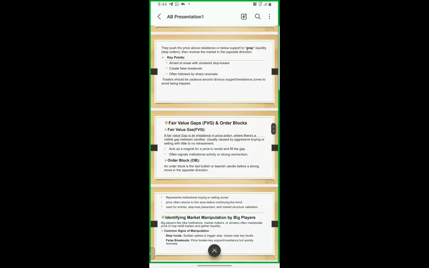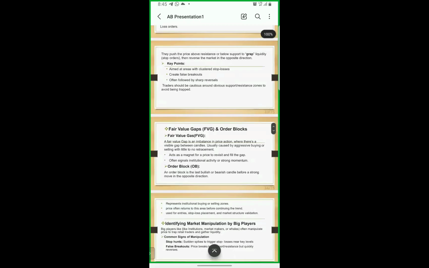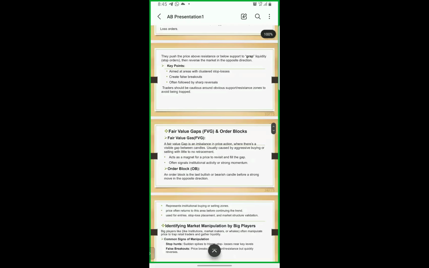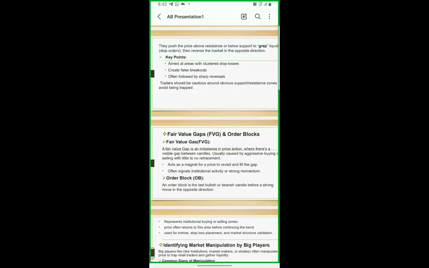A fair value gap is an imbalance in price action. When we talk about price action, it is how the price of the market is going. When they say that something is imbalanced, it means that things are not equal.